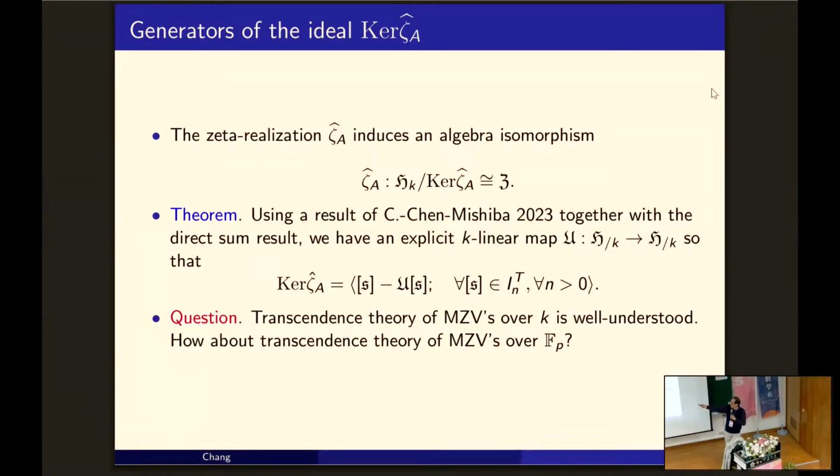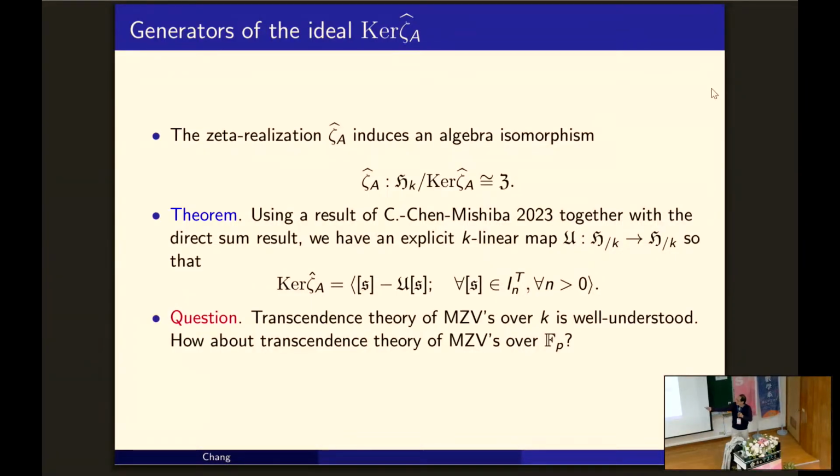We use a result from my paper with Chen Yanzhong, together with the direct sum result, and we can create very concrete but very complicated linear relations from this abstract space. The kernel can be simply characterized by the subtraction of S and the evaluation of S, for S in the index set.